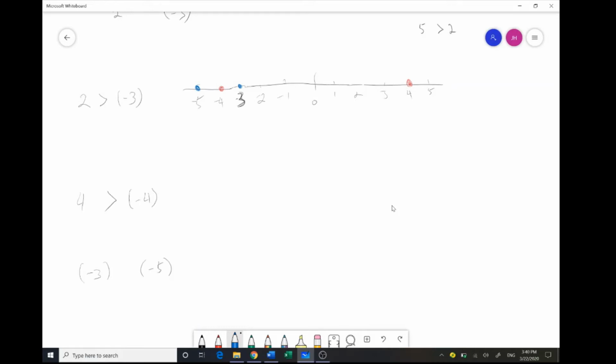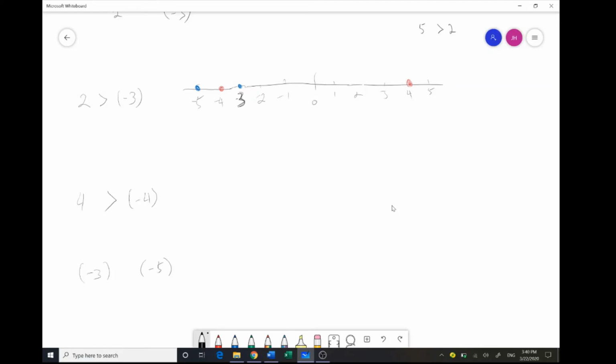Okay, so look at the two blue dots on the number line, and you have to ask yourself which number is on the right side of the spectrum. Well, in this case, although neither is on the positive side, negative 3 is on the right side of negative 5, so we know that negative 3 is greater than negative 5.